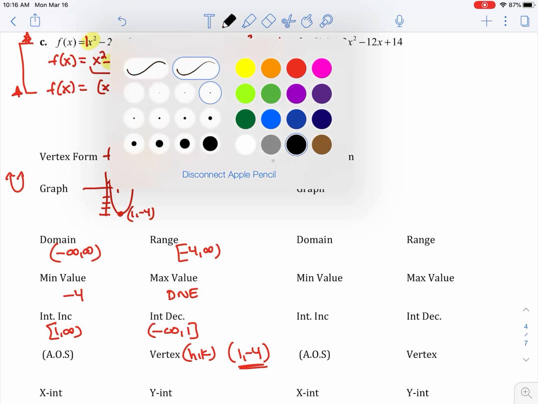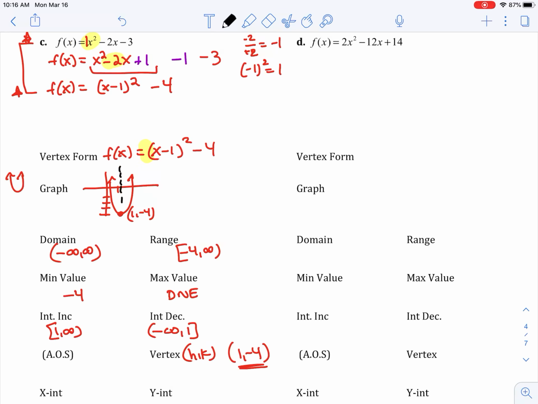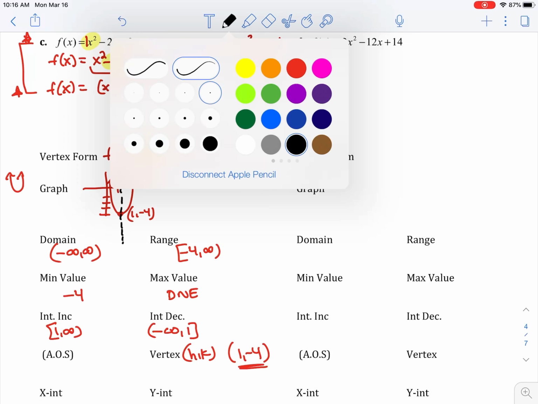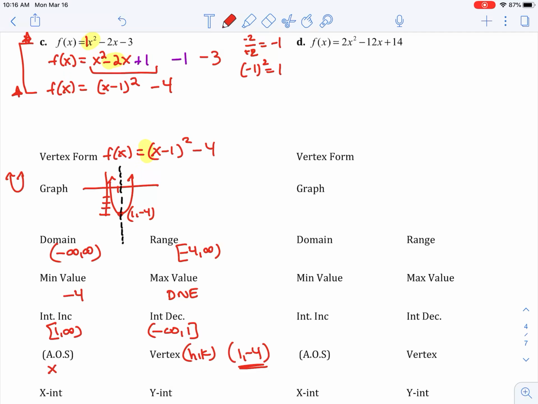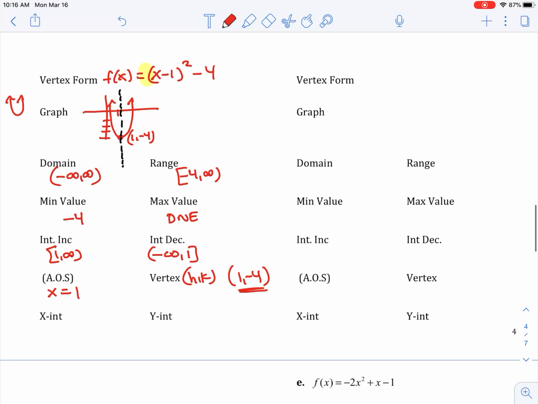Our axis of symmetry, that line that cuts right through the middle of our parabola, goes right through the vertex point. That vertical line, x equal to the x of the vertex, in this case x equal to h, or x equal to 1. Our x-intercepts, where we set y equal to 0. So if we have 0 is equal to (x - 1) quantity squared minus 4, we get 4 is equal to (x - 1) quantity squared.